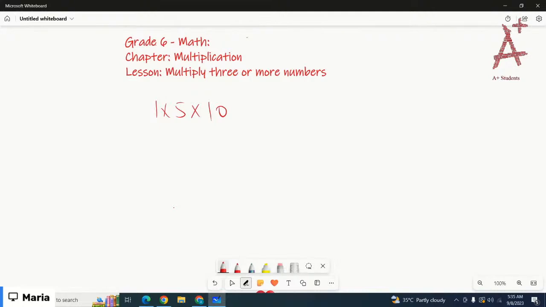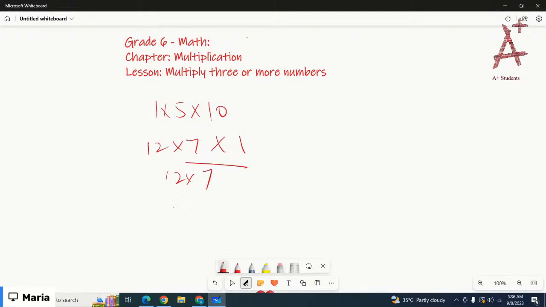Very good. The next one is 12 times 7 times 1. So which is the correct option? Let's make a group of two numbers. It would be 7 times 1 is 7.